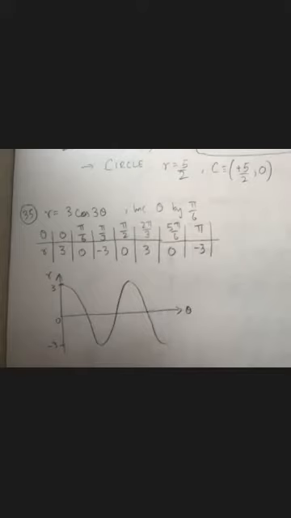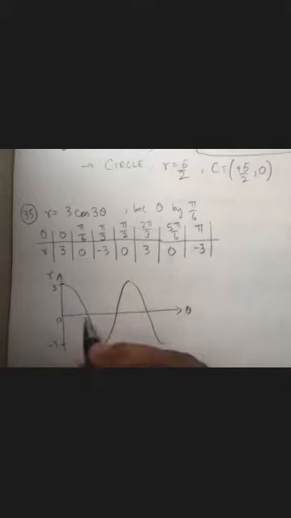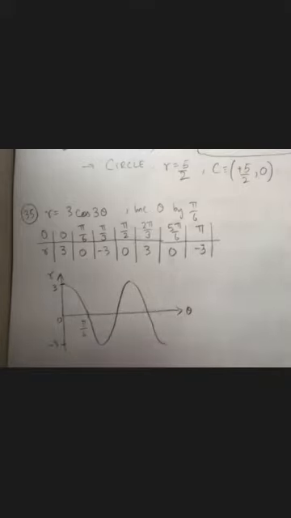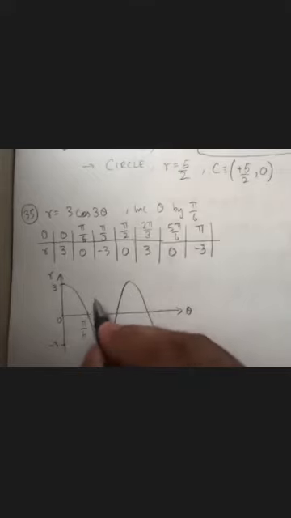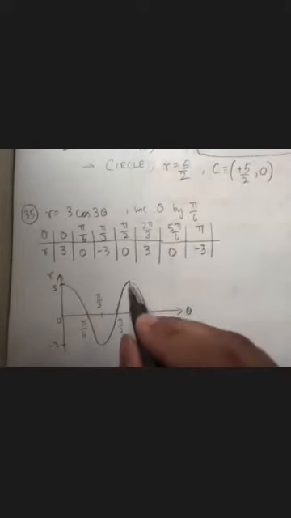Then labeling on the curve is very important. So we start from 0, r is 3. At pi over 6, r is 0. Then r is negative 3 at pi over 3. Then it's 0 again at pi over 2. And then it's positive 3 at 2 pi over 3.